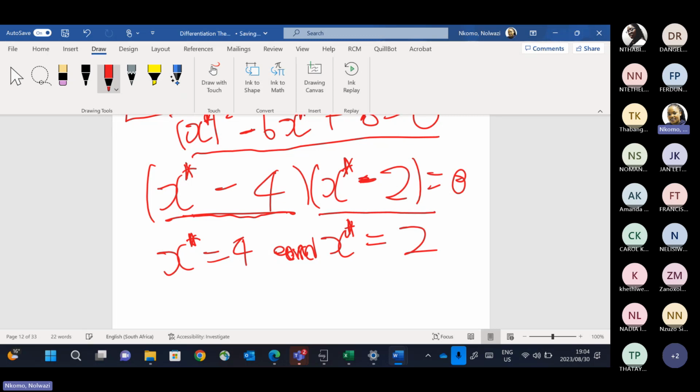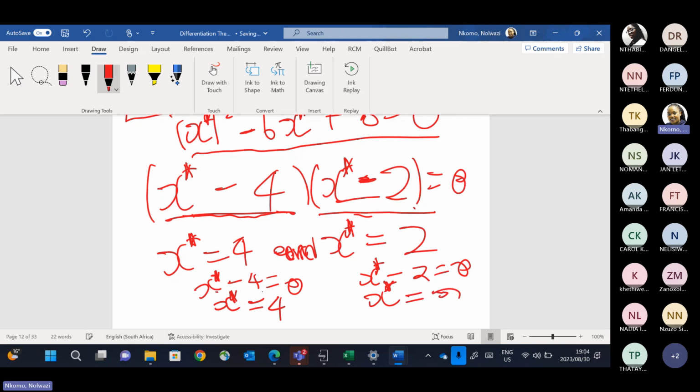And if this is equal to 0, we have x star minus 4 equals to 0. And if you solve for x star here, we'll have x star equals to 4. And if this part is 0, we have x star minus 2 equals to 0. And this will give you x star equals to 2.